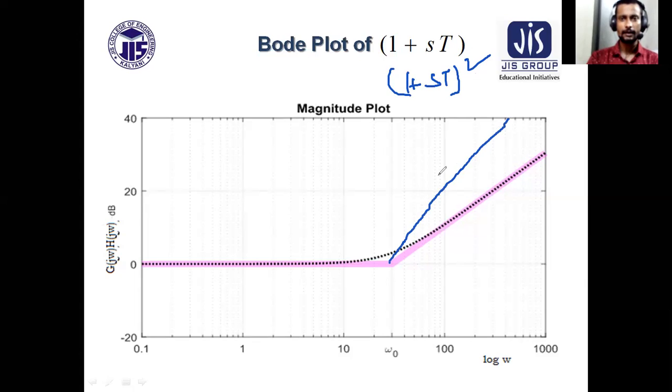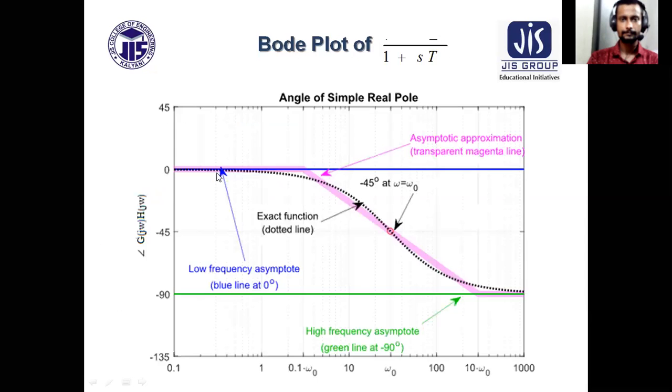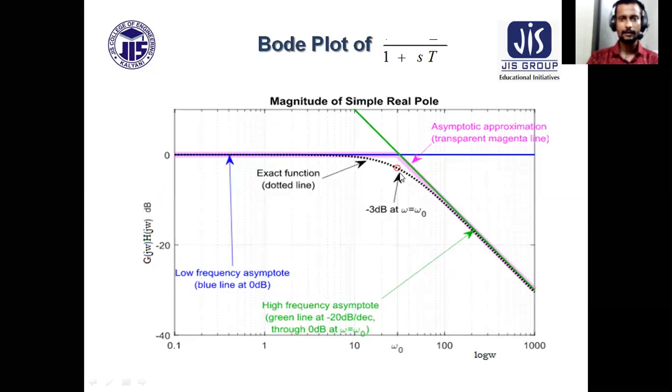Due to whole square, the slope will be changed at a double rate. Similarly, for this one, the slope will be changed by minus 40 dB per decade.